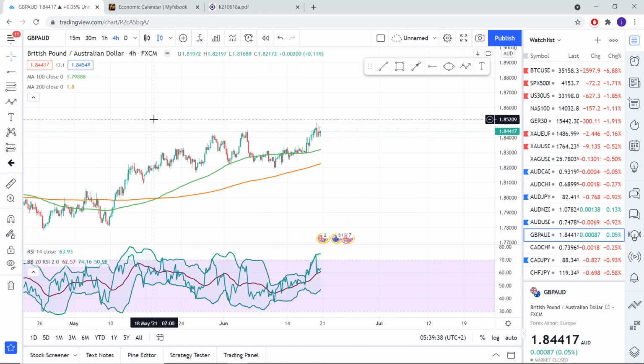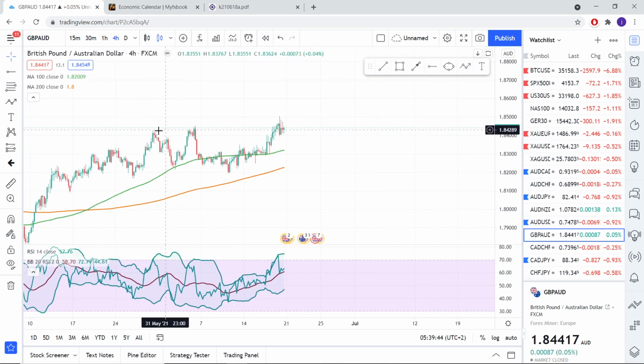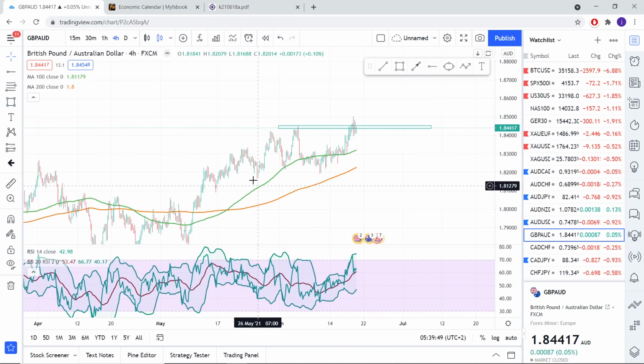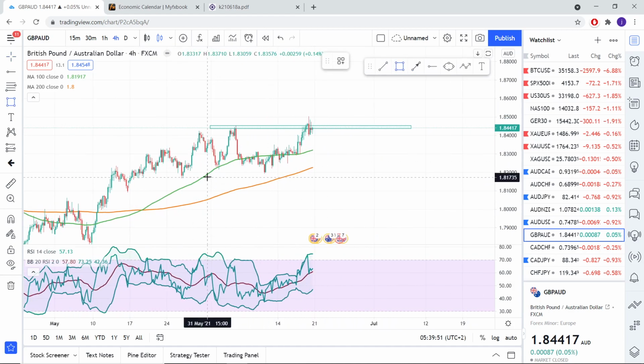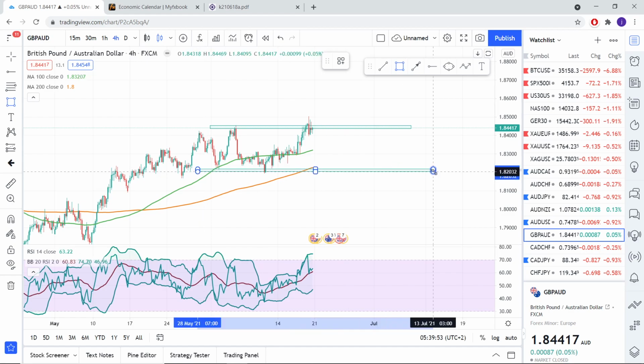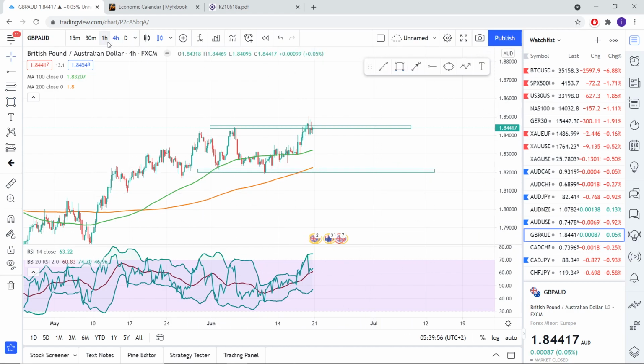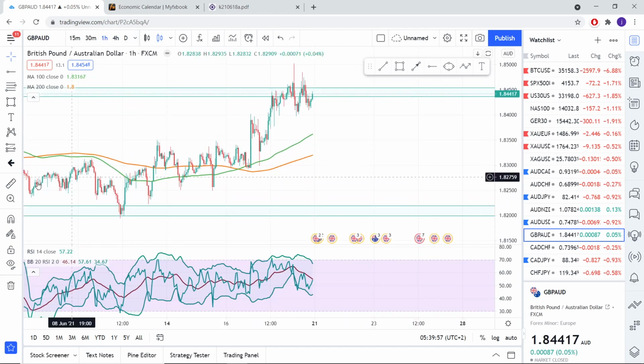GBP AUD, I'm overall bearish on the AUD itself. Yes, as you can see, price came into this high. Basically the same thing, right? We have these two areas we were trading in between. More so some bullishness. Right, price continued up into this area.